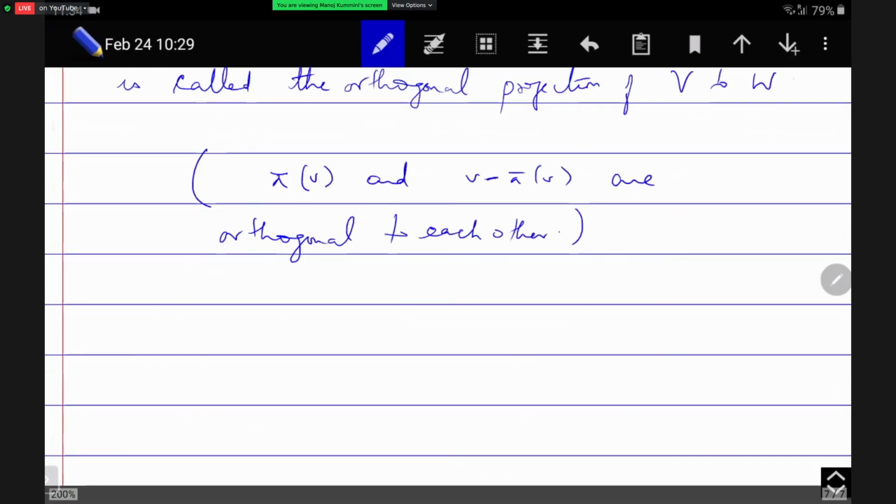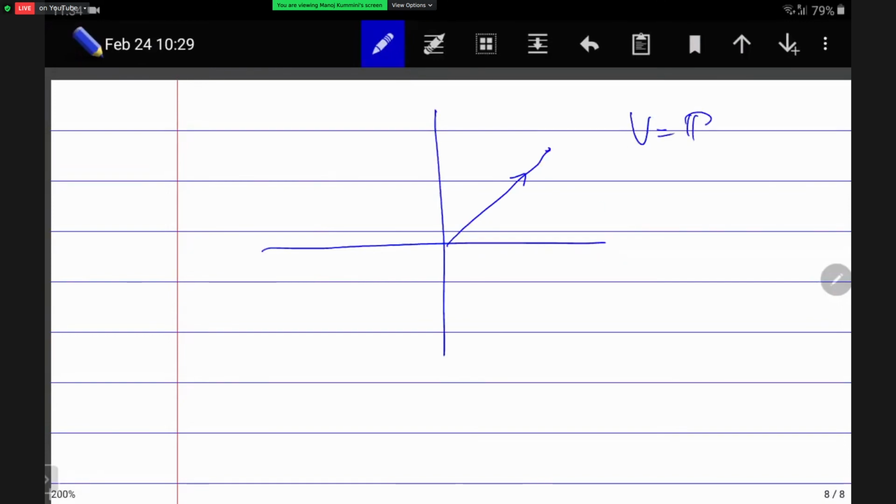The picture you should keep in mind is an obvious one. There is some v here, and let us say V is R2. This is little v. W is the span of e1, and W perp is the span of e2.